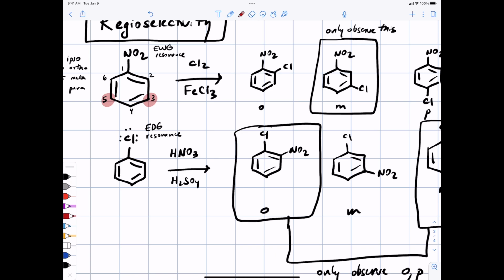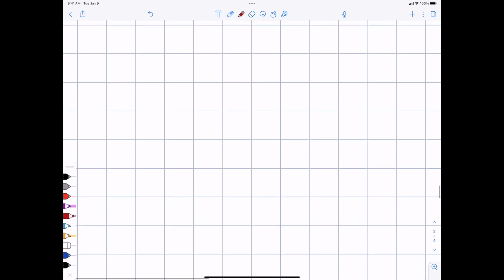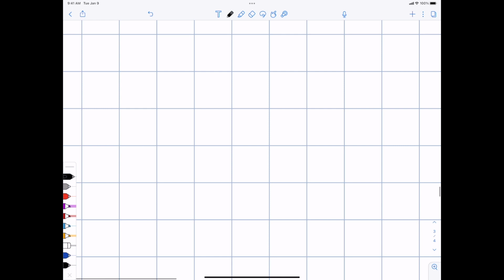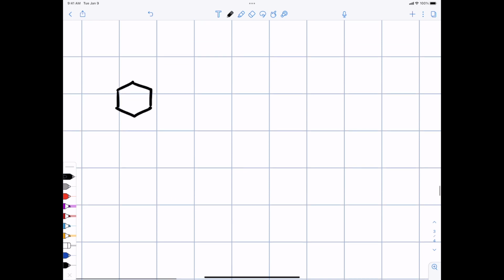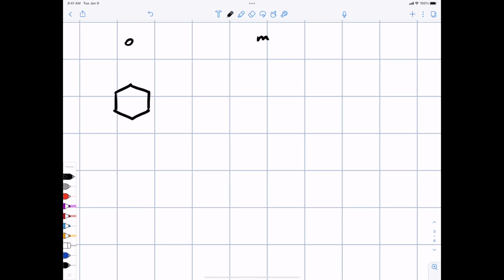Okay, let's do the chloro group. Same approach. Let's look at the stability of the carbocationic intermediate. Again, we'll do ortho, meta, and para. This time we won't draw resonance structures because you've hopefully gotten better at figuring that out. So ortho substitution with the nitro group would give us this intermediate.